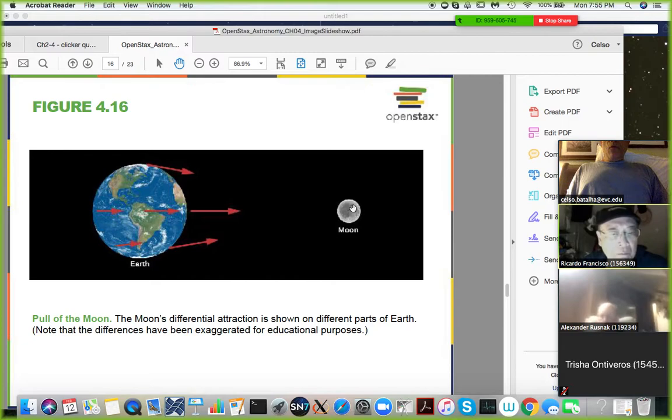Now, when the moon is in a quarter phase, which means you have a 90 degrees angulation between moon, Earth, and the sun, although the moon exerts most of the tidal force on Earth, the sun also exerts some, which means the sun is kind of pulling Earth in a direction that cancels out some of the effect the moon is exerting.